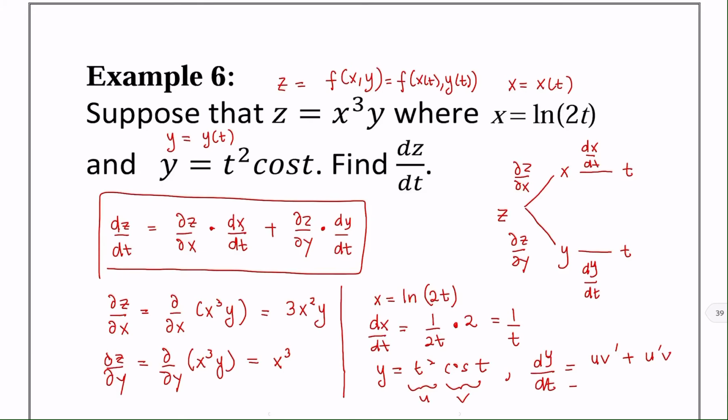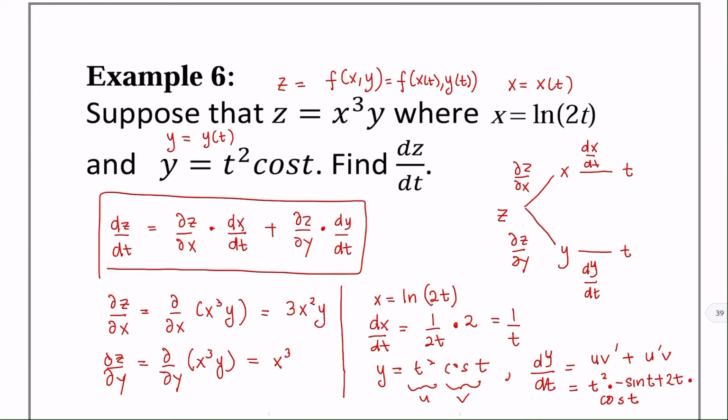So u is t squared, v prime is, we differentiate cos, we obtain negative sin t, plus u prime is 2t multiplied with v which is cos t.